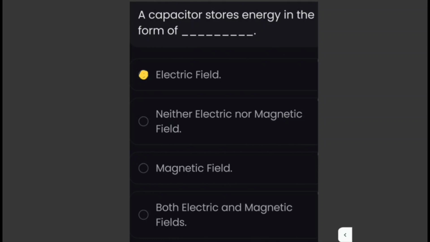Then the electrostatic attraction between the positive and negative charges keeps the charge intact in the capacitor even when the voltage source is removed. So the answer is electric field. Whereas an inductor stores energy in the form of magnetic field, a capacitor stores it in the form of electric field.